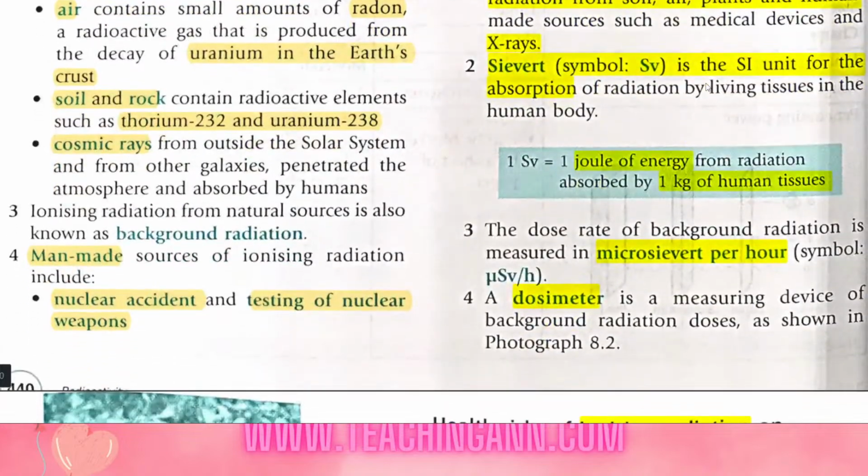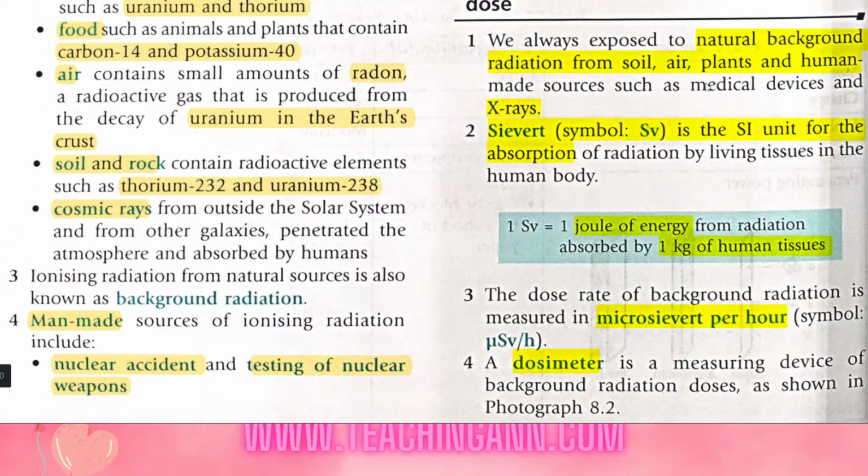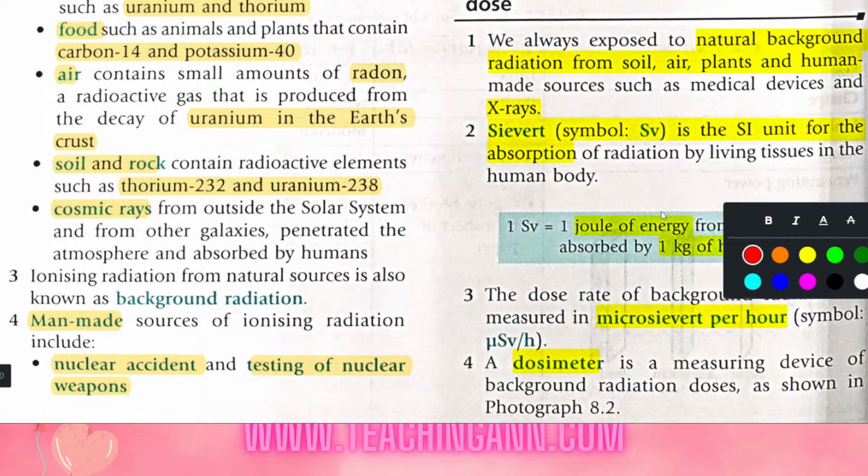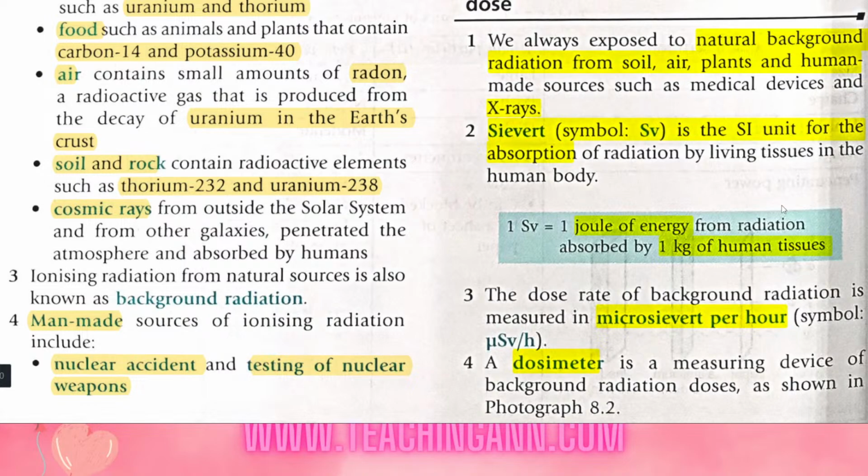This one again, Senjie, come. We want you to read 1 to 4. The effect of radiation on living tissues in the human body.